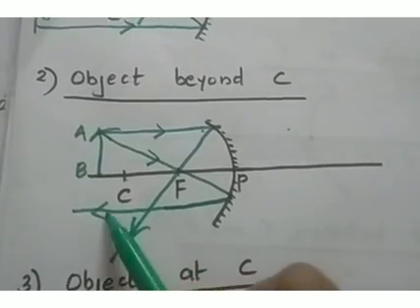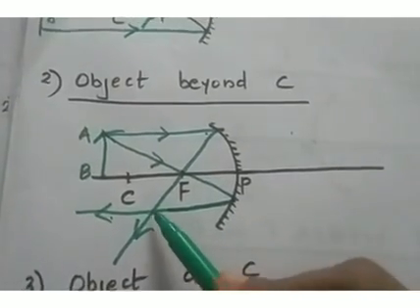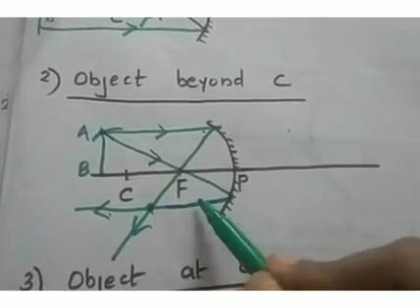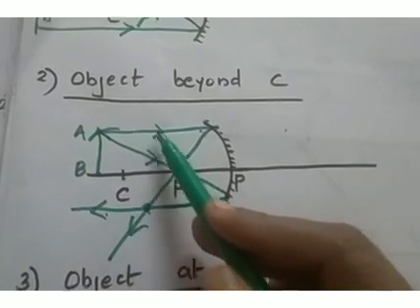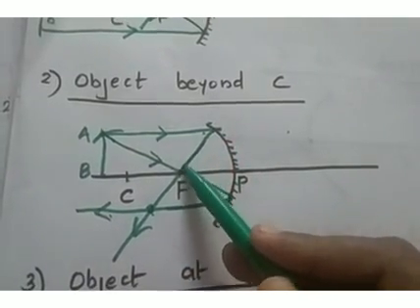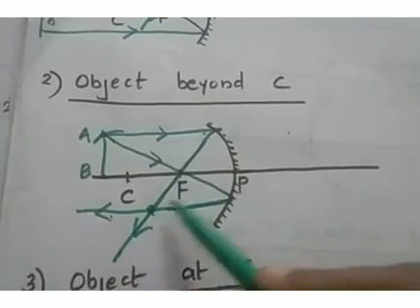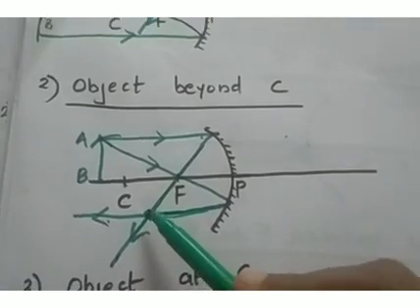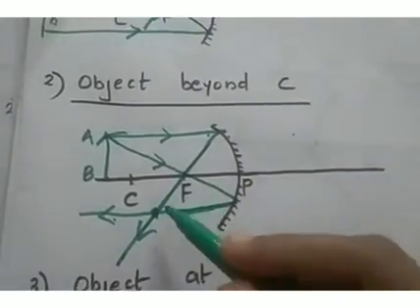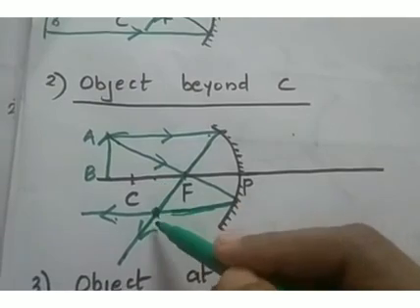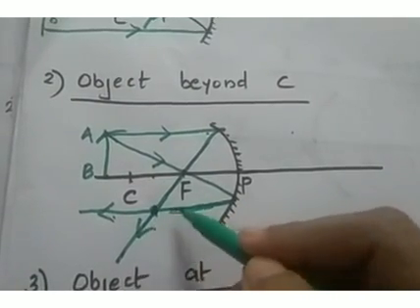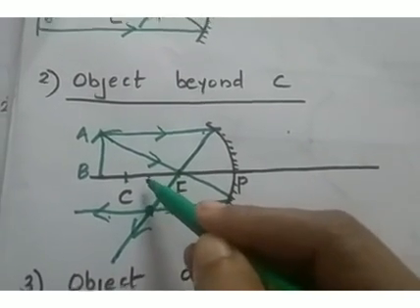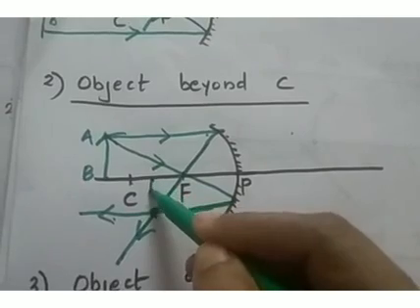So this will be the path of the reflected ray. Now you can see this point. See, this is the point where both the reflected rays meet, isn't it? This reflected ray and this reflected ray meet together at this point. So here you will get the image, and it's a real image. Why? Because the reflected rays actually meet at this point. So this will be a real image. Since it is a real image, it will be an inverted one.